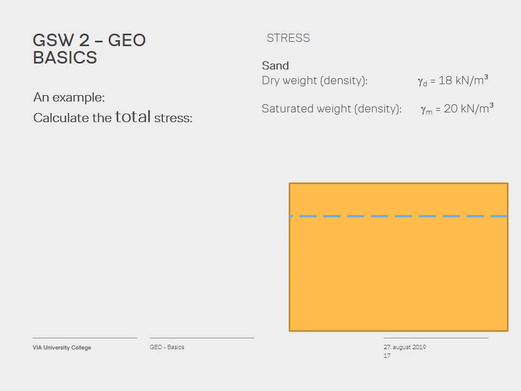It has a saturated weight of 20 kilonewton per cubic meter. Call that gamma M. The surface level is in plus 12. Let's say the groundwater table is in plus 10, and the bottom of our sample is in elevation plus 3.